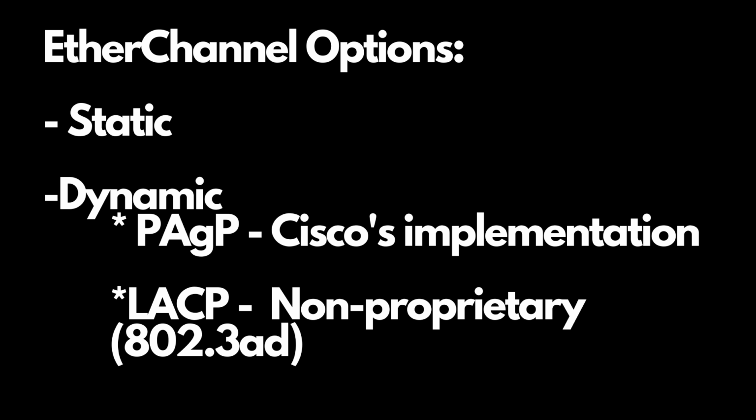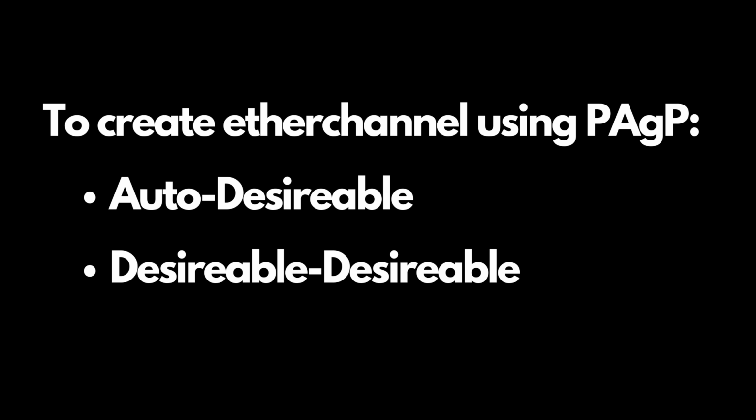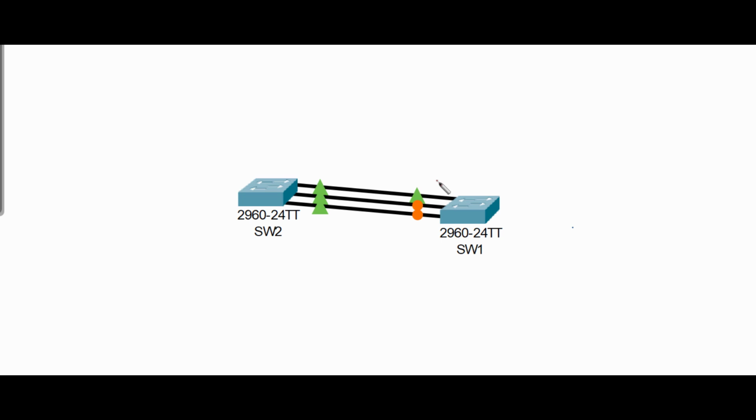To create an EtherChannel using PAgP, you have the option of auto or desirable. On one side you can do auto and the other side desirable, or desirable on both, and either way the EtherChannel should work.